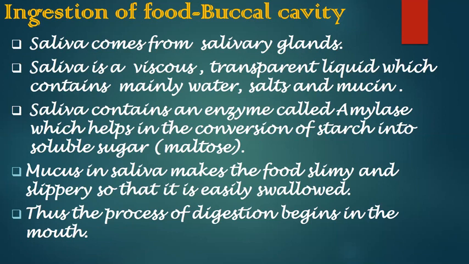Saliva contains an enzyme called amylase, which helps in the conversion of starch into soluble sugar, that is in the form of maltose. Mucus and saliva makes the food slimy and slippery so that it is easily swallowed through the food pipe. Thus, the process of digestion begins in the buccal cavity.